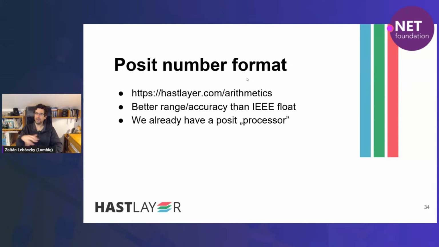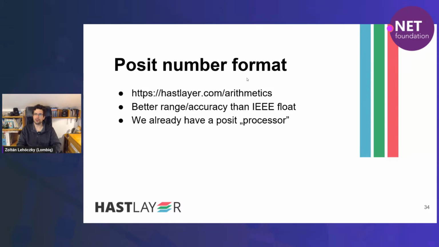Now, that's fine, and that's what we use day to day, but there's actually a whole world of number types out there that in some way are better than the floats and doubles that we use in .NET, because these are some 30 or 40-year-old standards following an IEEE standard. Now, there's a number type called posit that promises to be better than doubles and floats. It offers better range and at the same time better accuracy with the same amount of bits. And yeah, it's an interesting research area.